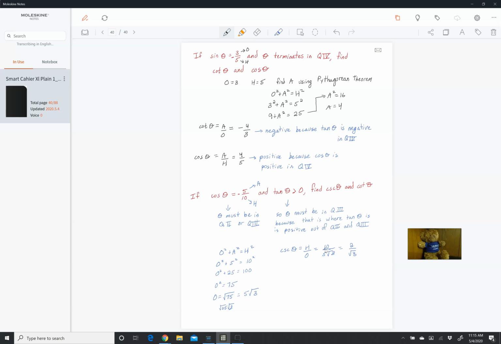And we should mention, before we even rationalize this denominator, that the cosecant here is negative. In quadrant 3, sine is negative, so cosecant is negative. So these have negative signs. And then we want to rationalize the denominator, so it becomes negative 2 root 3 over 3, okay? This is how we've rationalized. So that's cosecant. Let's find cotangent.